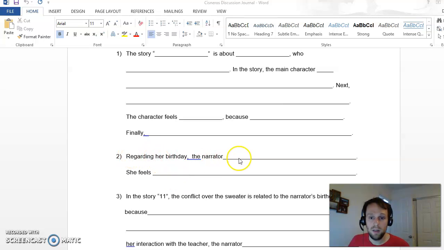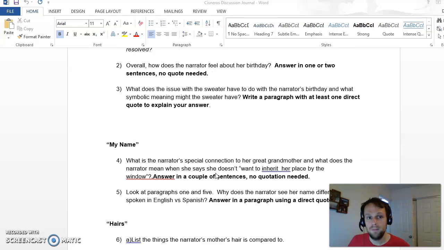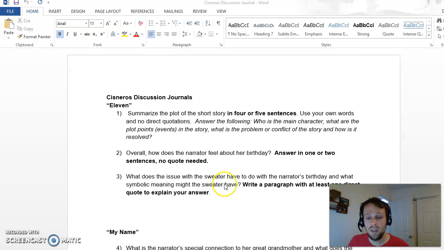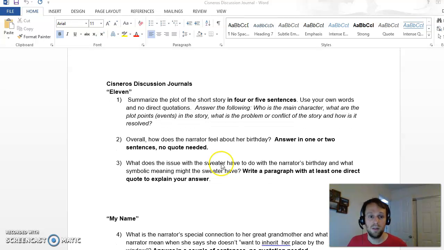You can see based on the format here that this should be a fairly straightforward answer, not a full paragraph with quotations and whatnot. Another thing to notice about this document is that in bold you have the directions as to how to answer, in other words, what I'm expecting from these answers.